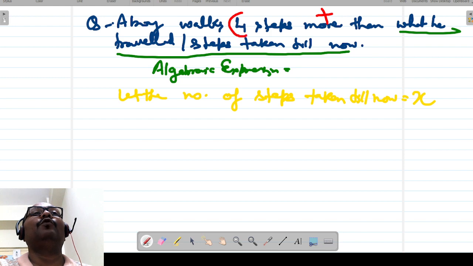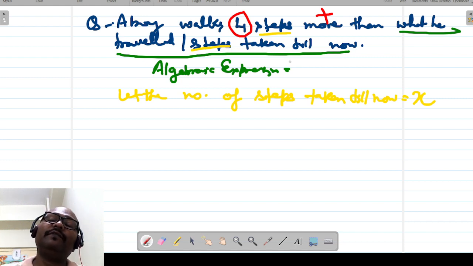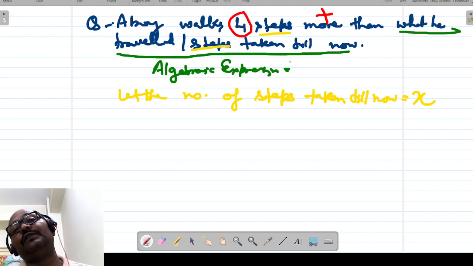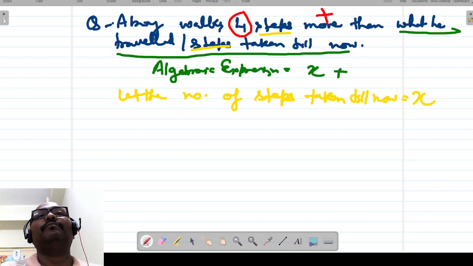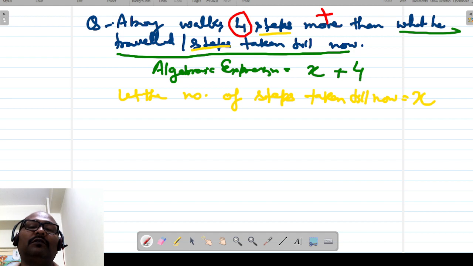What is added? 4 steps. We are discussing in the form of steps, so 4 steps will be added to the number of steps which he had already taken. What number of steps has the boy already taken? x. So the final algebraic expression can be written as x plus 4. Are you getting it or not?